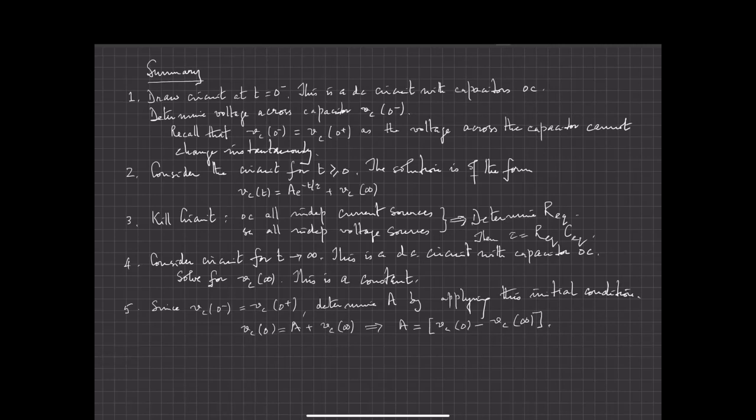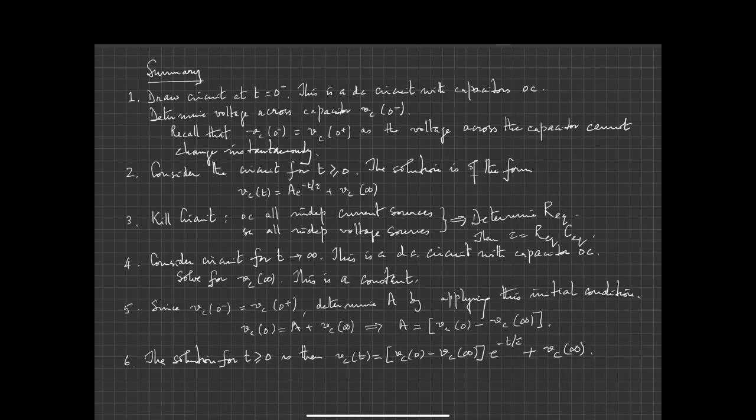And last but not least, the solution for t greater than or equal to 0 is then Vc of t equals the constant A, which is Vc at 0 minus Vc at infinity, times e to the power of minus t over tau, plus Vc at infinity.